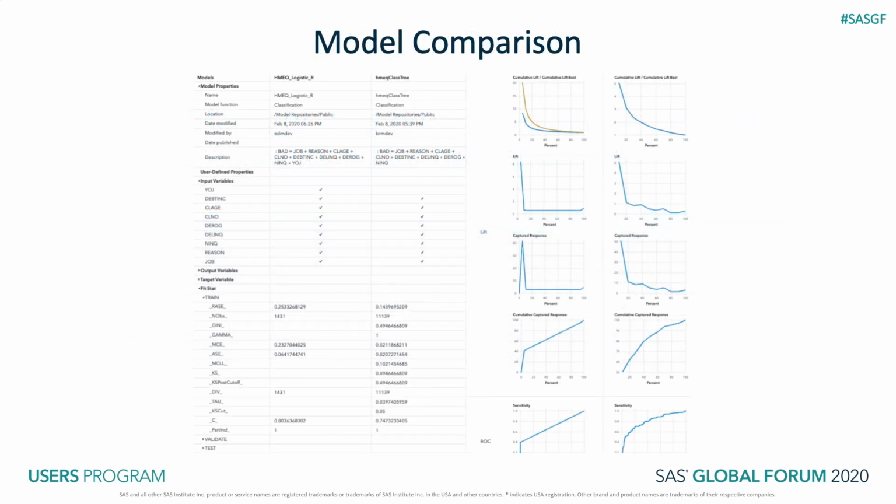Here we see the comparison of the models, showing the input variables used by the models and a variety of fit statistics and charts. Model Manager allows comparison of multiple models at one time. So you could have 3 or 4 models here as well.